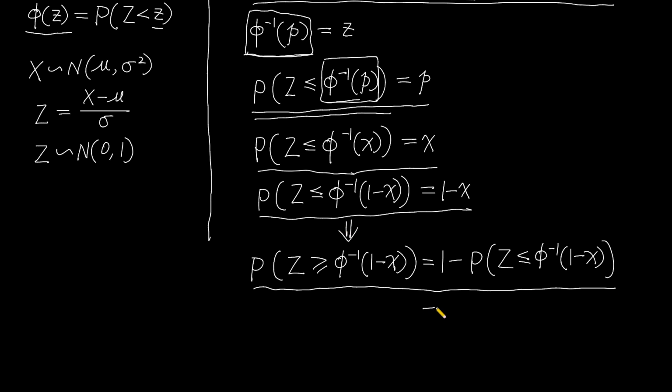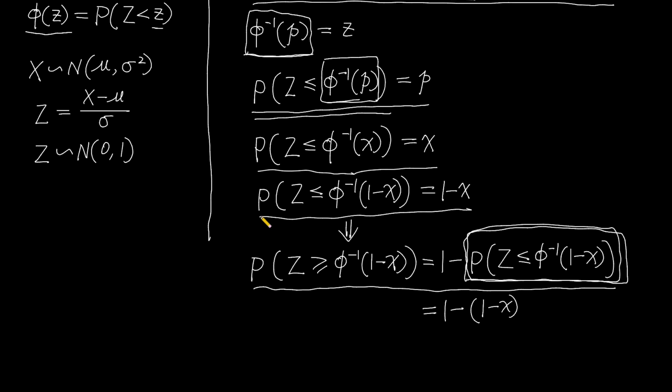Then go ahead. We use 1 minus x to replace this. Then we get 1 minus bracket 1 minus x. Why can we use 1 minus x to replace this?